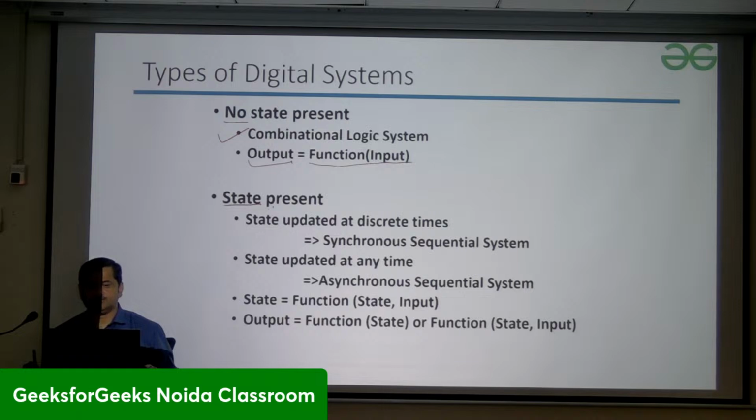Now, if state is present, I told you that whenever there is any state present, that state must be updated with respect to the discrete timestamp, like whatever is the value stored with respect to the previous timestamp. So you have to check what the past value was. In that case you must have the state, and the maintenance of that state is nothing but the memory, which is going to store a certain value.